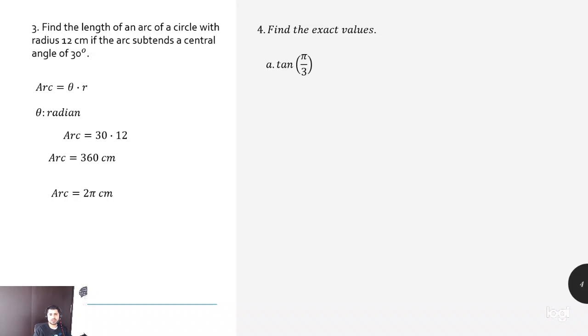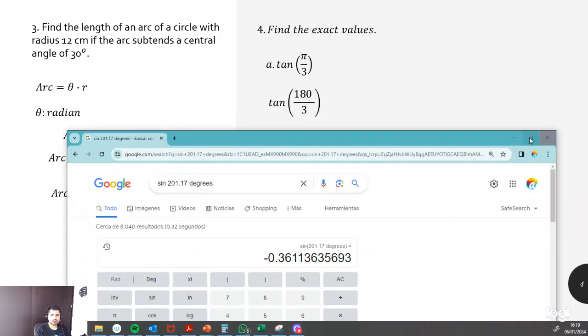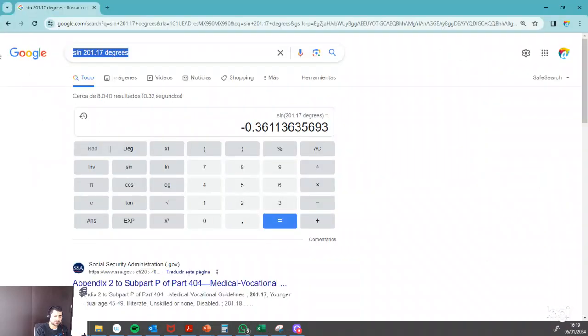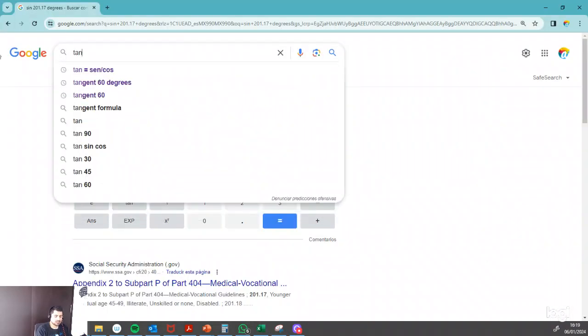Number 4. Find the exact value of the tangent. So you already know that the tangent of pi over 3, you replace pi by 180, over 3. So then this should be this one. How do you know that? Well, with any calculator, for example, I have this one. You just put here something like tangent of 60 degrees.